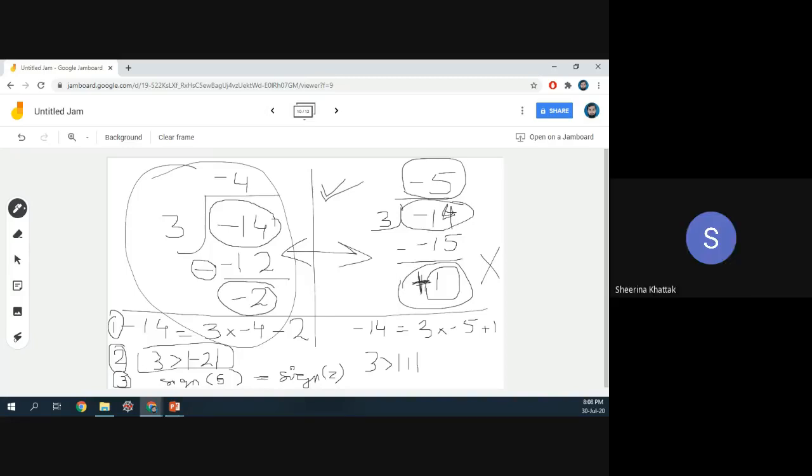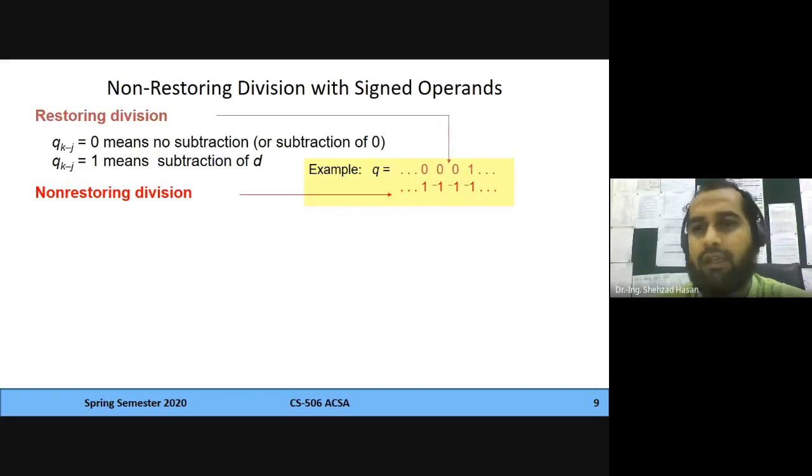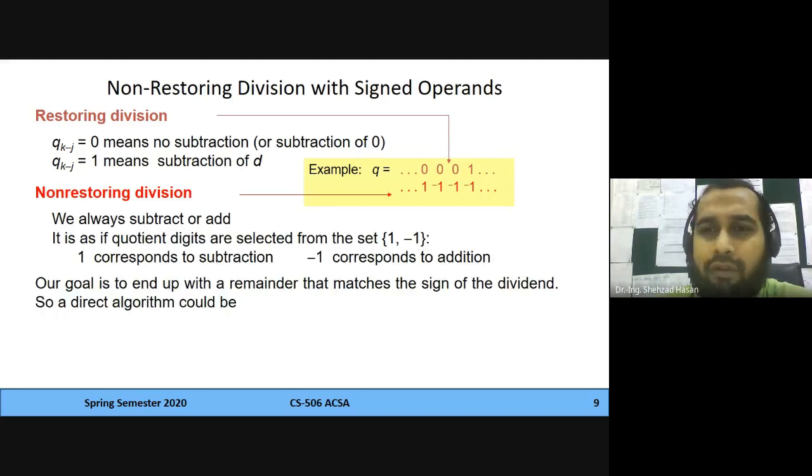Okay, so now I'm going to formally come to my algorithm for signed numbers, right? Now we are going to go with a non-restoring division. In this case, since we need a correction step, we are not really going to decide the quotient bits as zeros and ones. Rather, we are going to take one more digit, which is a -1.